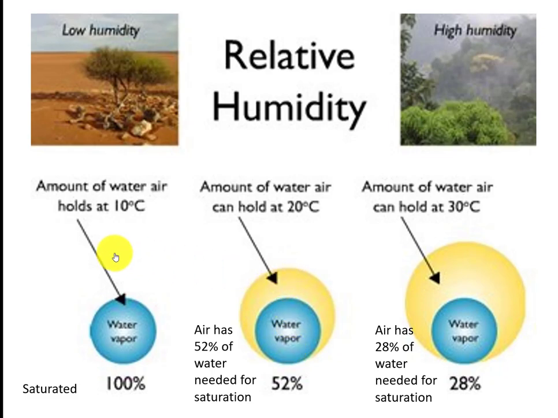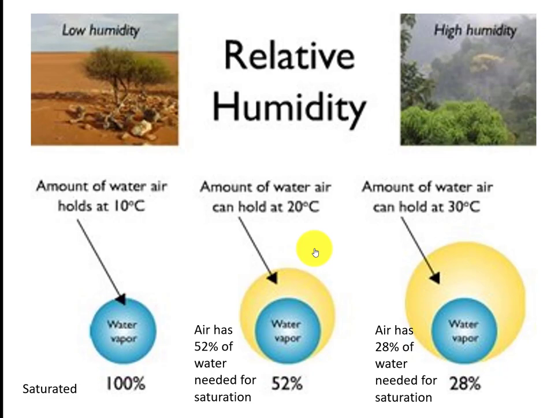If we look over at the left, we see that you can't see the yellow circle, and that means that this air parcel is completely saturated or it's completely full. The example on the right, the air could hold even more water, and so that same size of water vapor that we had in the first two examples is representing 28% of the water needed for saturation. Few more points in this diagram.